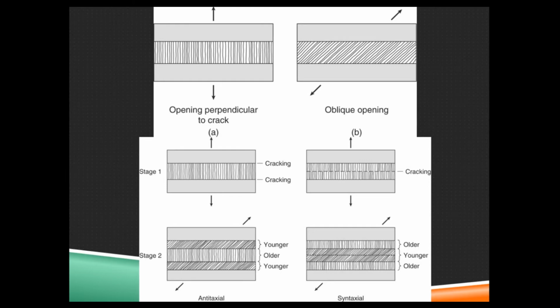And it makes sense because the joint is going to form when we have a perpendicular tension stress, just cracking it open with no movement. If there was movement, it wouldn't be a joint, it would be a fault. Later, we can get either another orthogonal tension, or we can get this oblique tension.